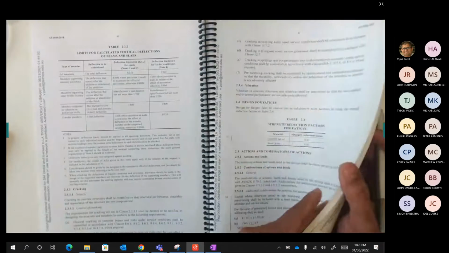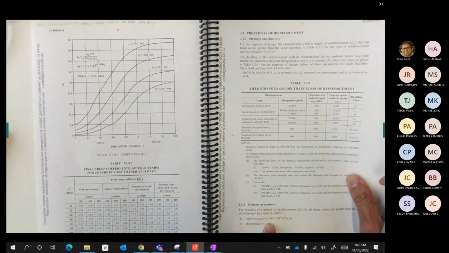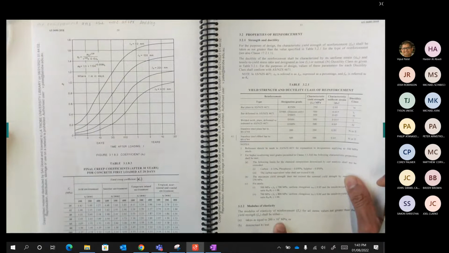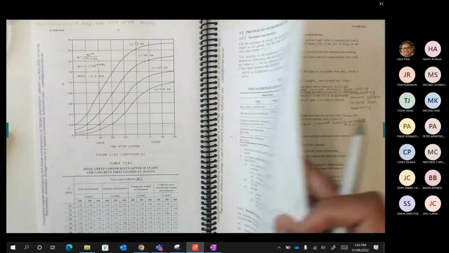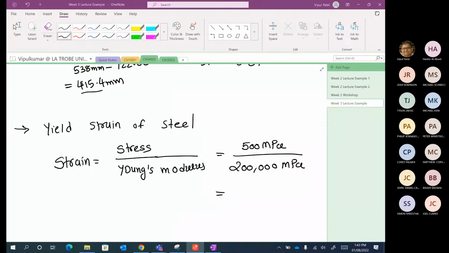That is in section number 3: modulus of elasticity 200,000 for steel, yield strength of the steel 500 megapascals. I will substitute. So the yield strain, this is yield stress over Young's modulus.